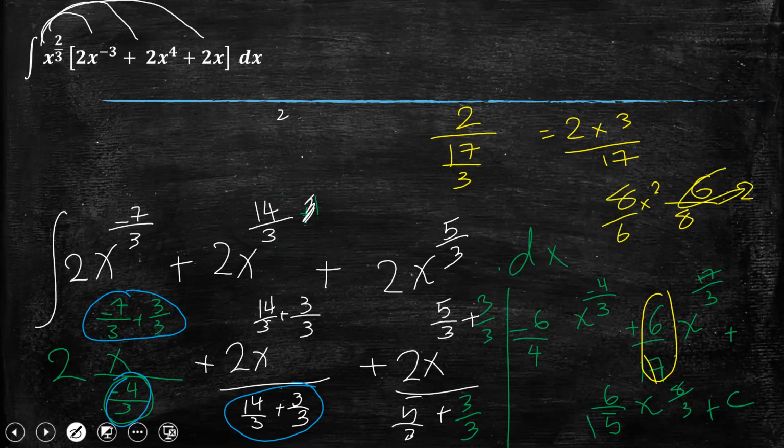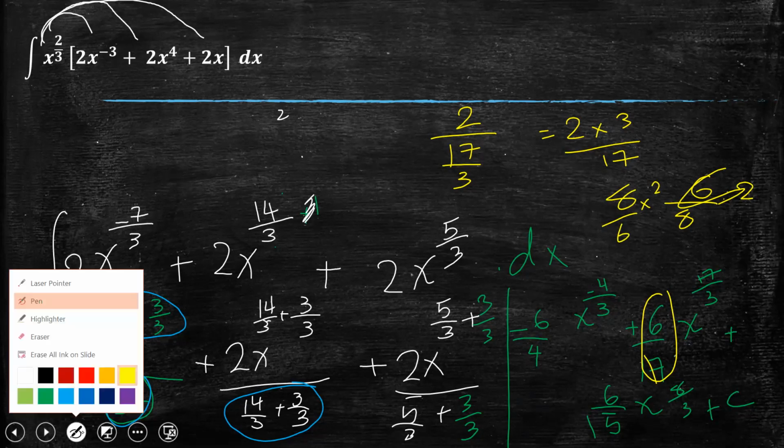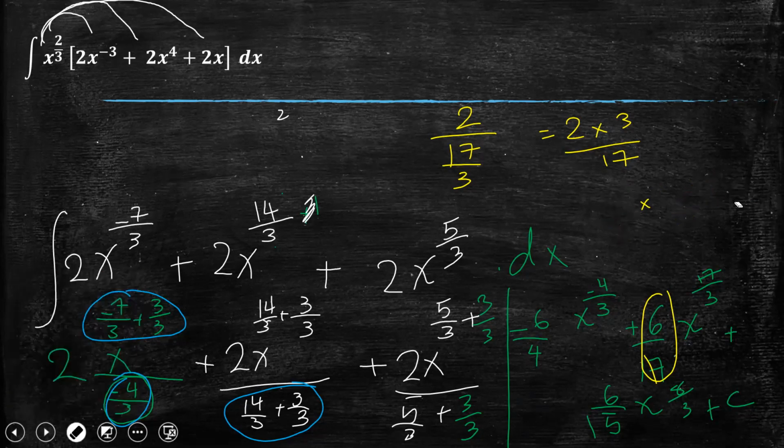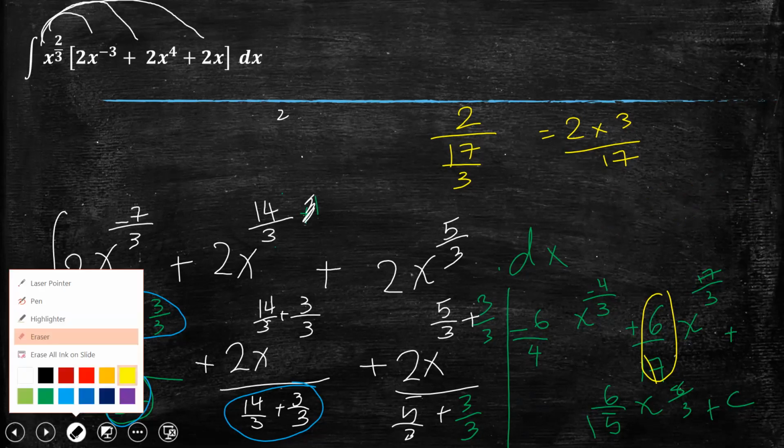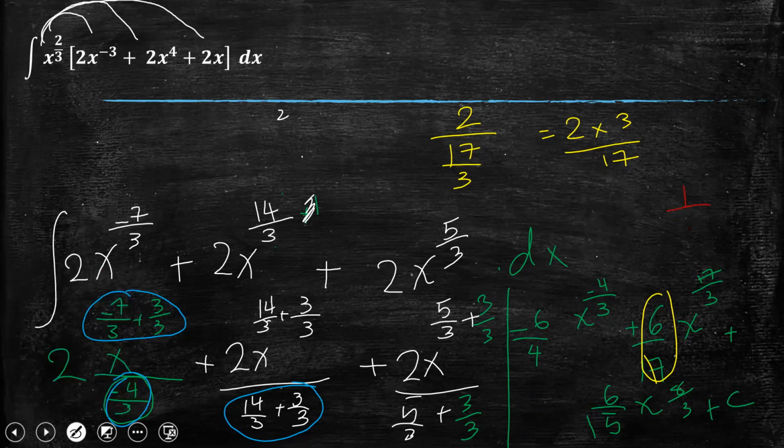Here it was 8. No, it's 2 times 3 over 8. Wait, it's 8 over 3. So it will be 3 over 8 times 2. It will be 6 over 8. Oh, thank you.